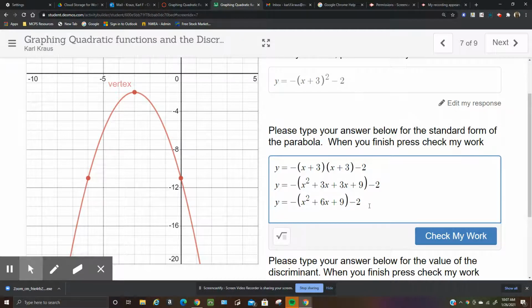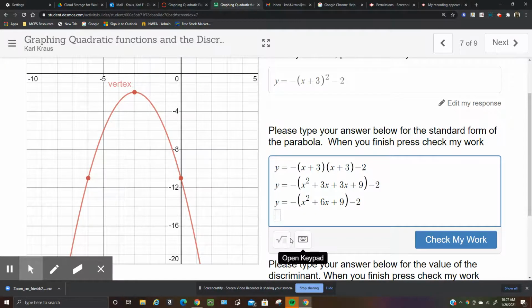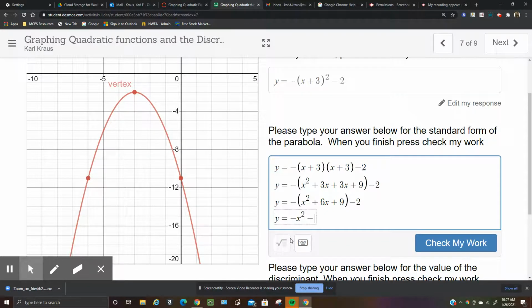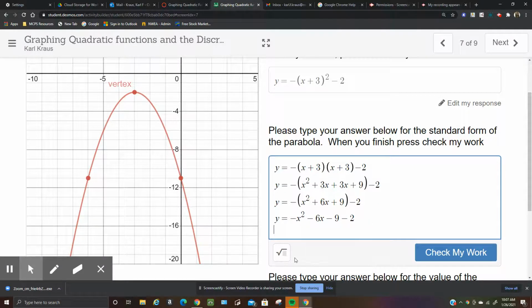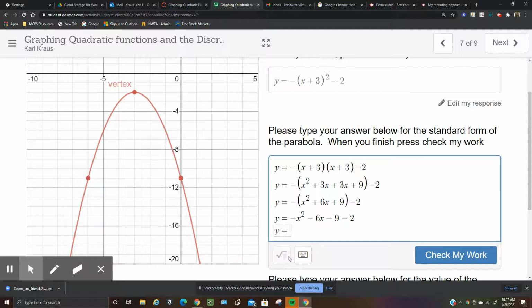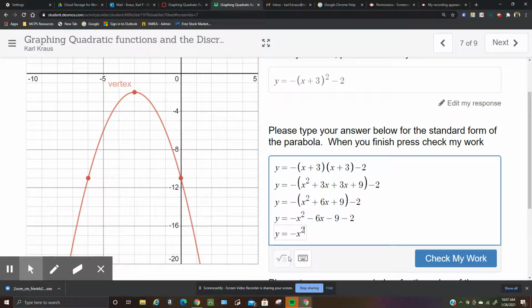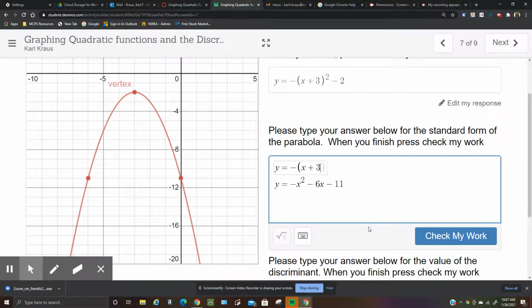So combine like terms in the parentheses. Next, distribute the negative. And then combine the -9 and 2. Negative x squared minus 6x minus 11.